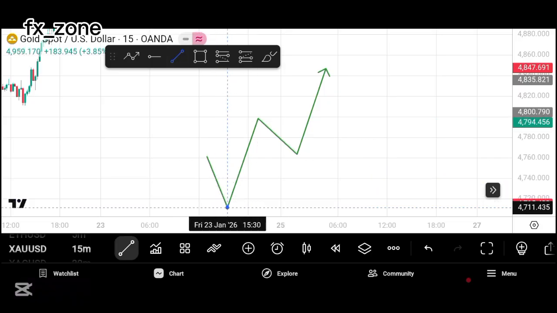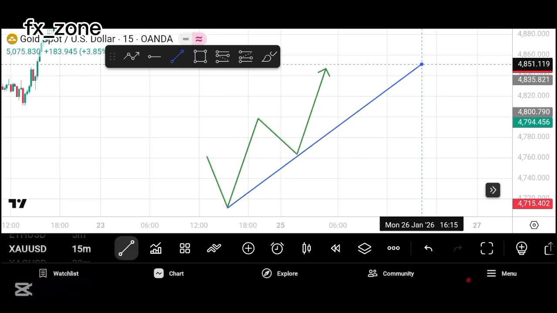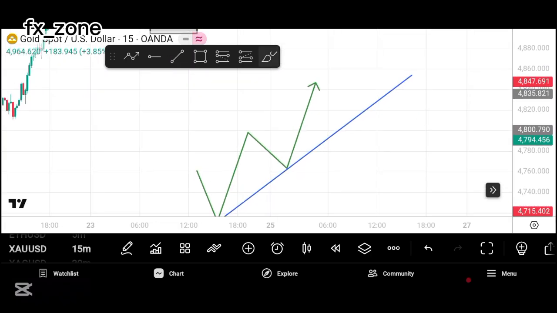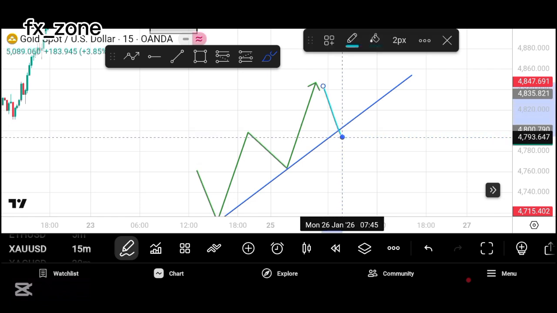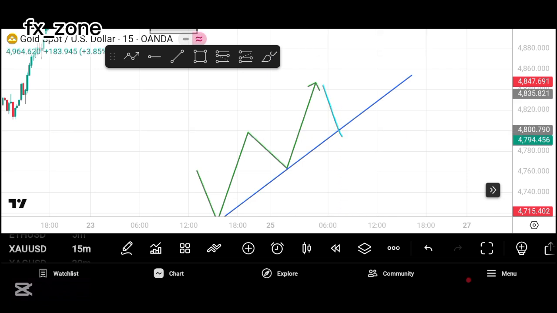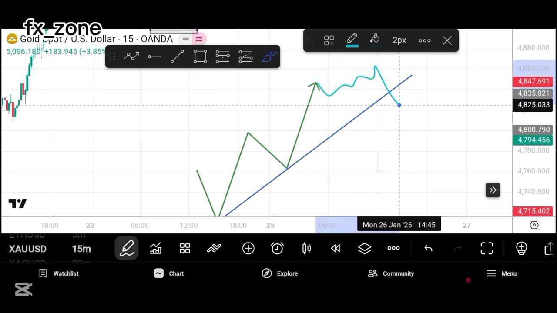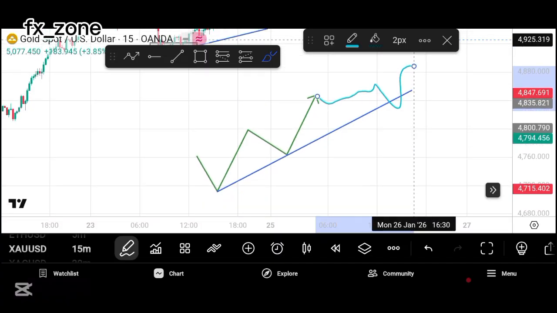So you just connect it like so, and just extend it to the future, because sometimes you may think it will just come back like this. No, sometimes it may play around like something like this, and like this, and then it will come here, and then boom, you do your 1:2 in and out.